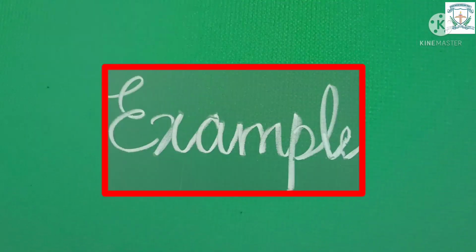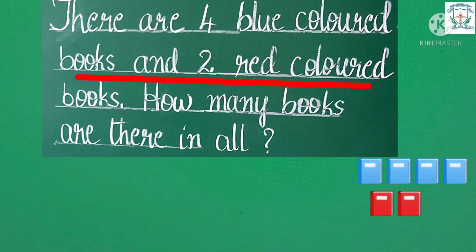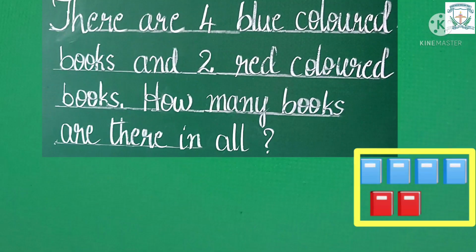Let us move on to the next example of story sum. There are 4 blue colored books and 2 red colored books. How many books are there in all? To find the total number of books, we have to add 4 blue colored books and 2 red colored books together.